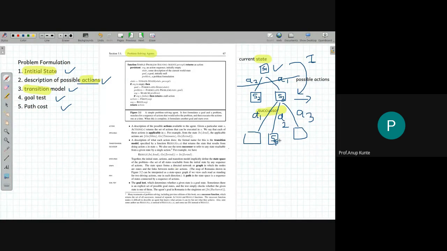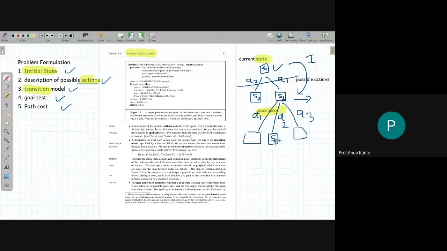Okay, so the important thing to understand is that the state space problem, or the problem that we are formulating for the problem solving agent to solve, requires you to first define the initial state, and second define the possible actions given a state. So I should be able to know what are valid and invalid actions given a state, so that I can understand that from this state I can apply so many actions.